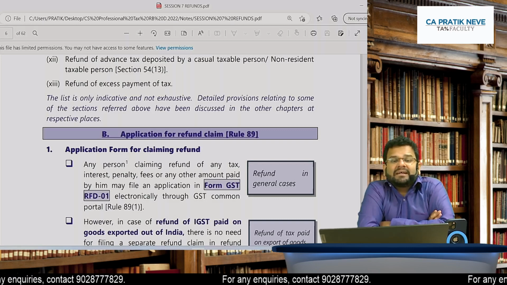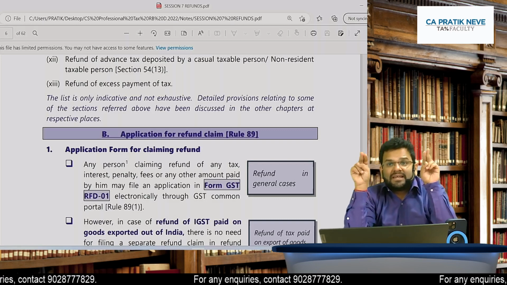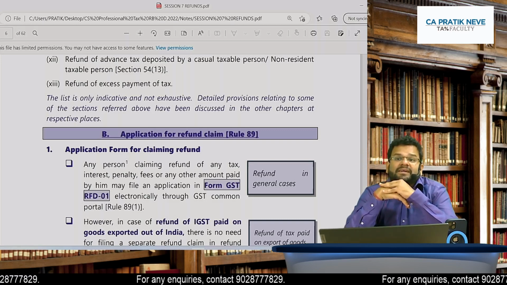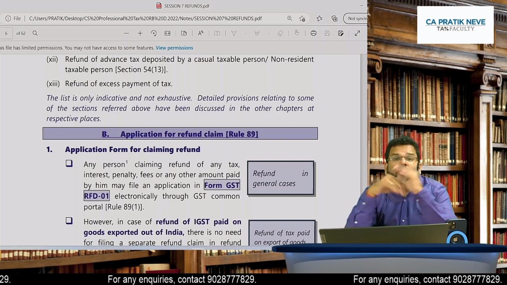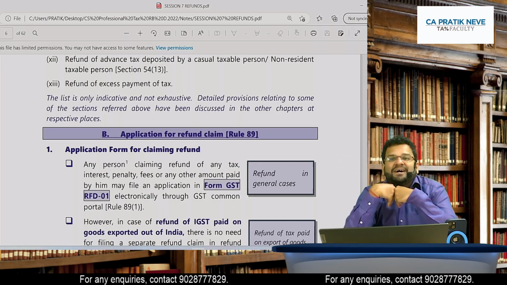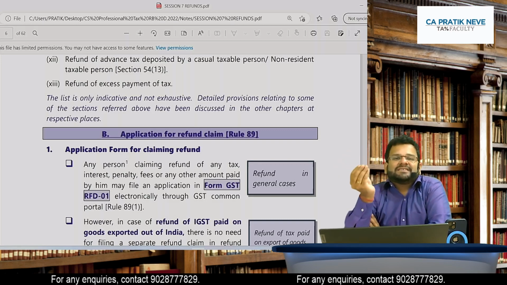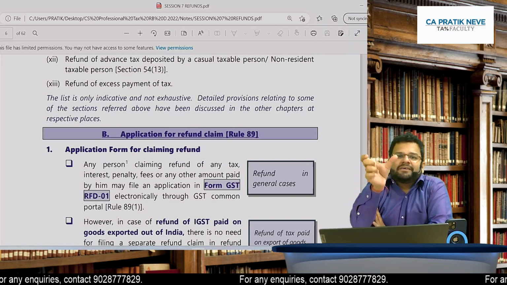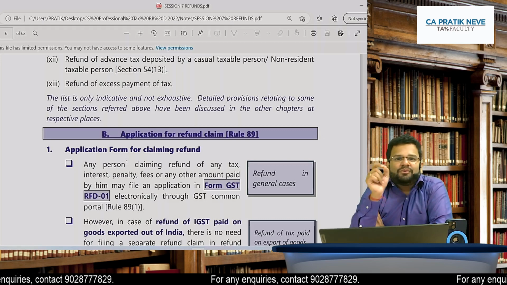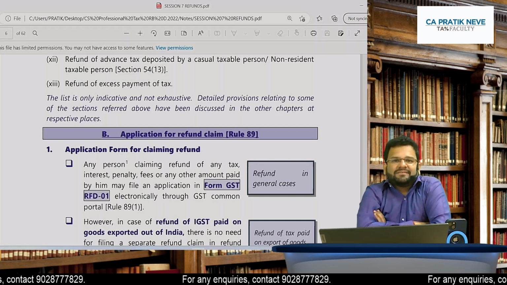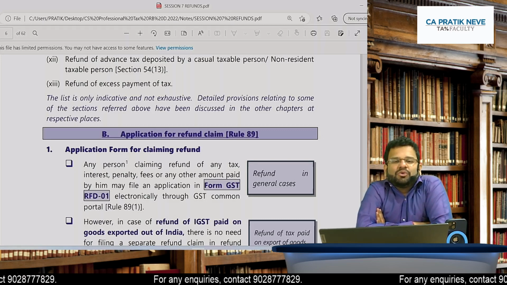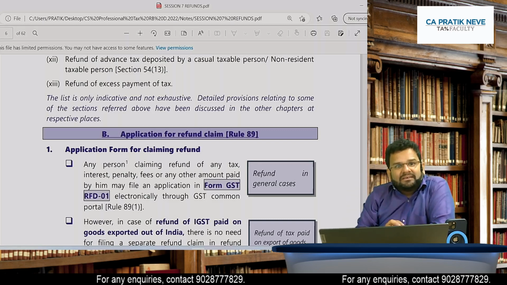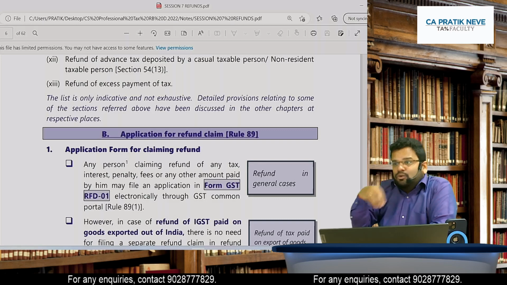So in indirect taxes, there is a concept of unjust enrichment. If refund is granted to me, there is all probability that I will be unjustly enriched. Unjustly enriched means what? I collected from my customer 100 rupees of value plus 18 rupees of GST. So don't you think from my customer I have collected GST of 18, and that 18 only I have paid to government?